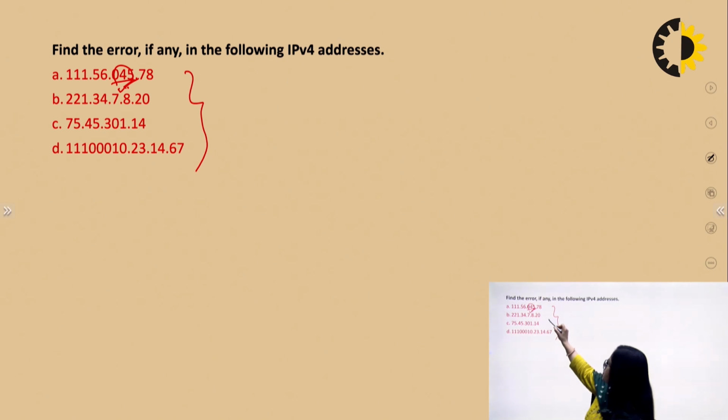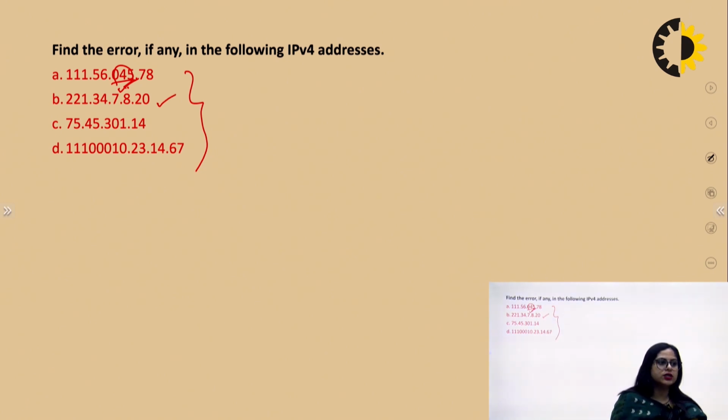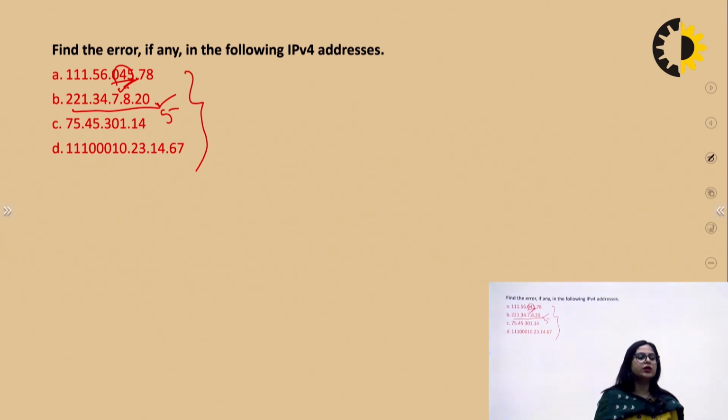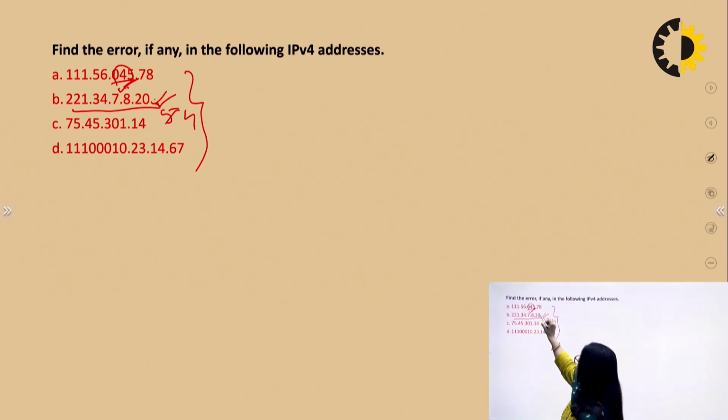In the second IP address, that is 221.34.7.8.20, this has 5 octets, and IPv4 always has 4 octets. So this is the error. After that, 75.45.301.14.